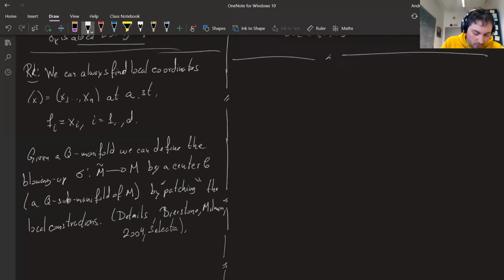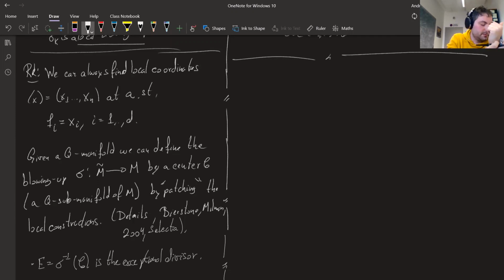Now, one thing that I wanted to say connected to this is that the pre-image here, the E, given by the pre-image of the center, is again the exceptional divisor of the map. And we call it the exceptional divisor even if we blow up a center which is actually a hypersurface.